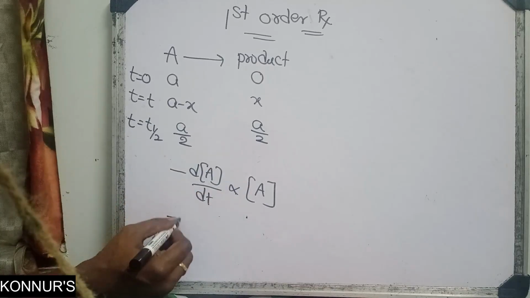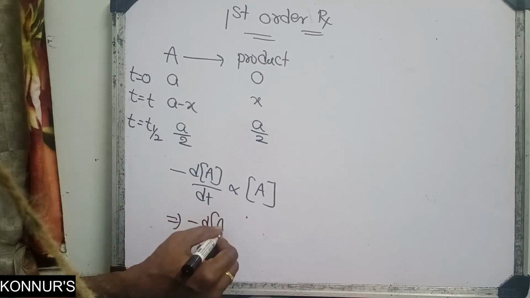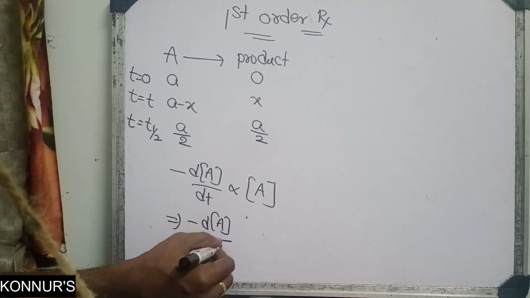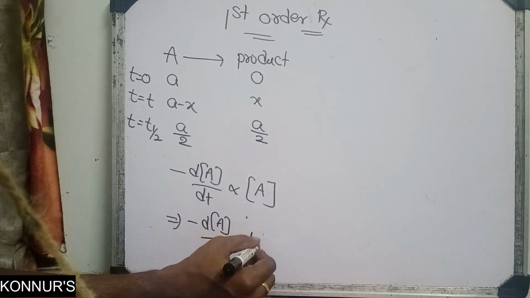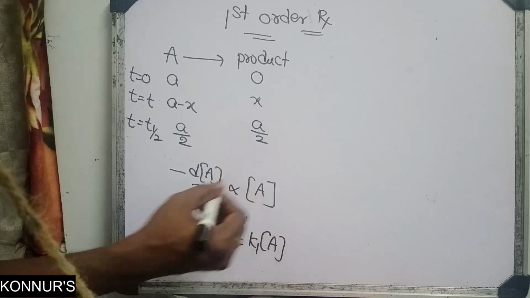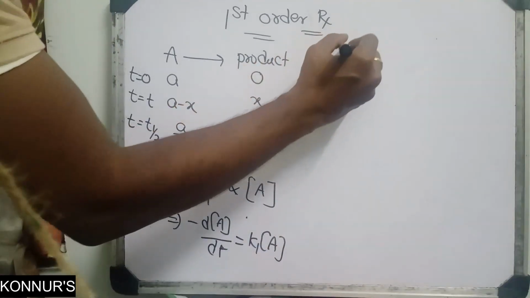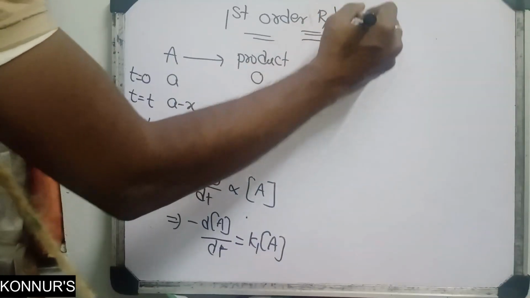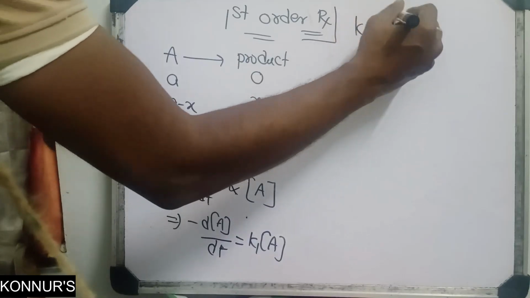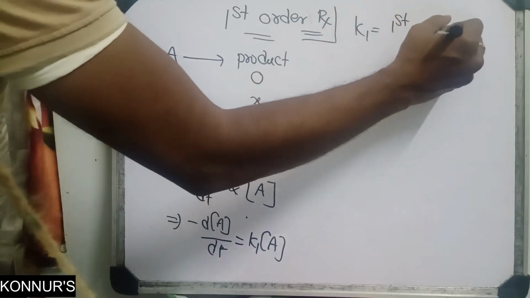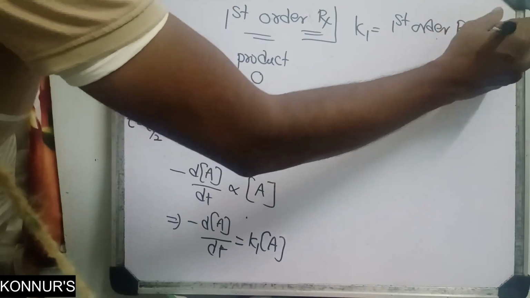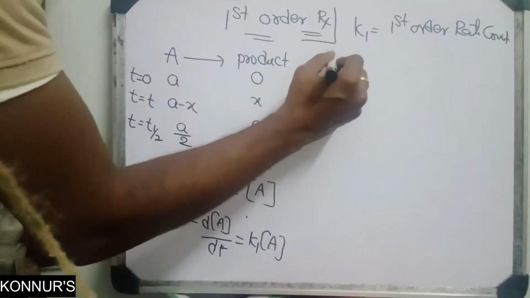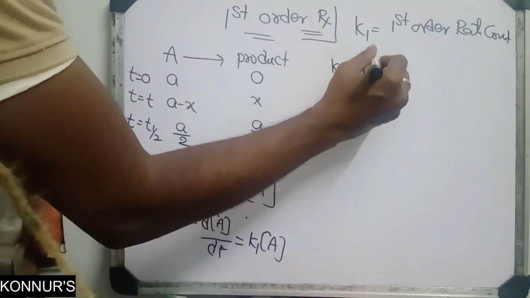Minus dA by dt equal to K1 into the concentration, where K1 is the proportionality constant. So K1 is the first order rate constant.